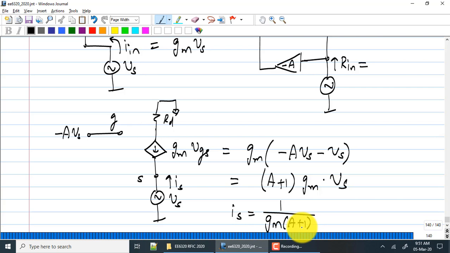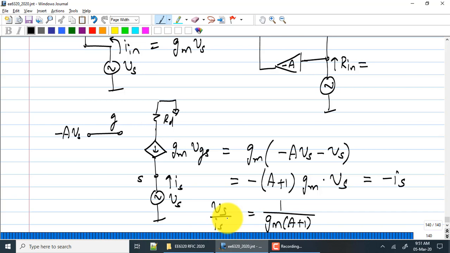Okay, so Vs by Is is 1 over Gm times (A plus 1). Because of negative feedback, the common gate amplifier looks like an even better current controlled current source. Remember that the current controlled current source needed to have very low input impedance.